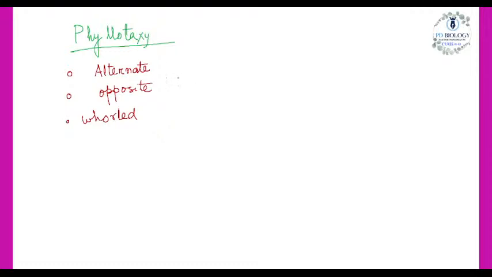Alternate leaves are present in China rose, the Hibiscus rosa-sinensis, in mustard, in sunflower. The opposite, that is guava, the Calotropis are the examples of opposite. Whorled, that is Alstonia.